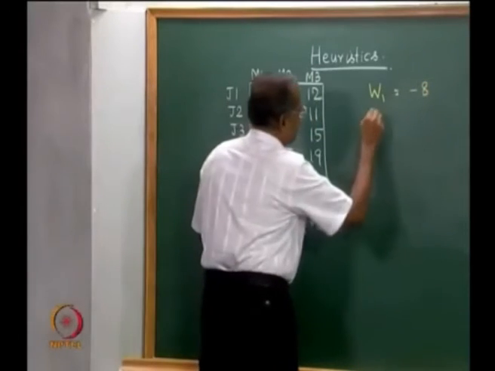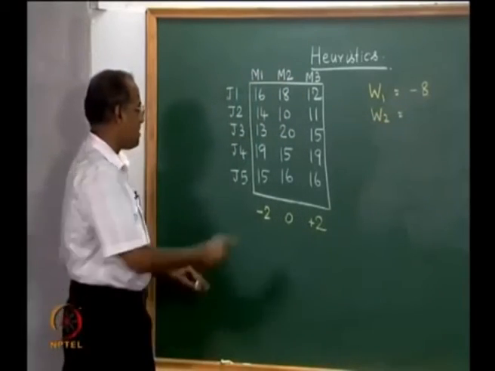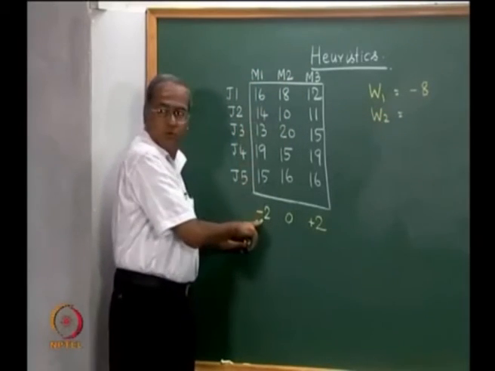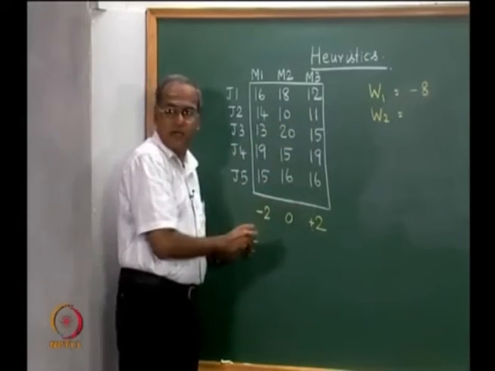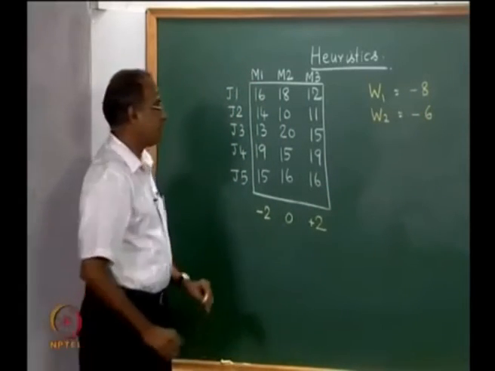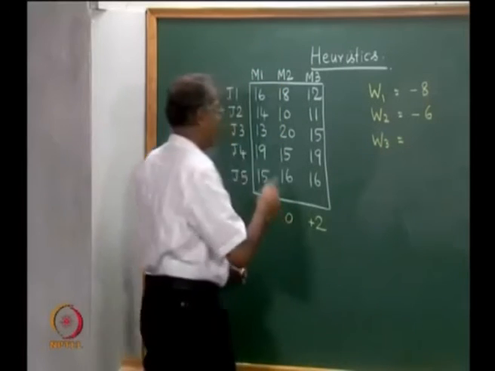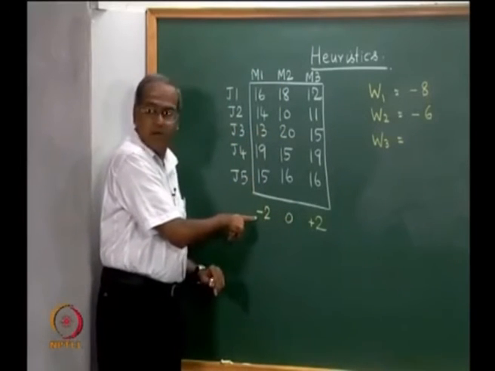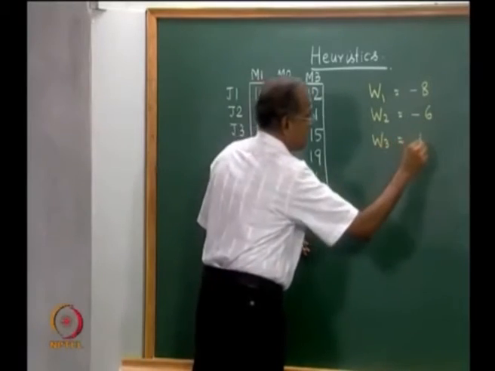Now W2 will be 14 into -2, which is -28, -28 plus 22 is -6. W3 will be 13 into -2, -26, plus 15 into 2, 30, which will be 4.